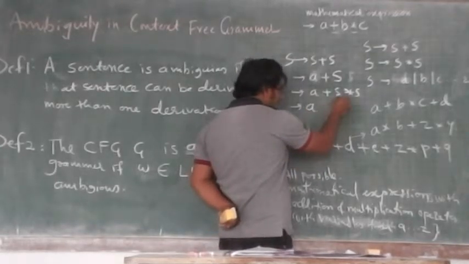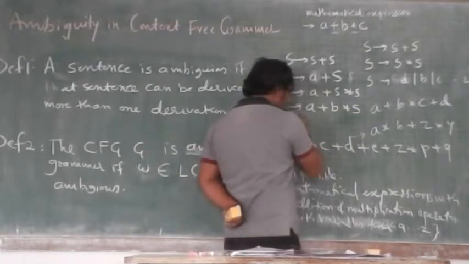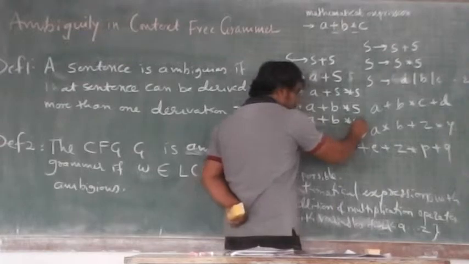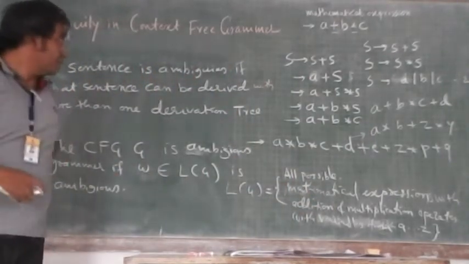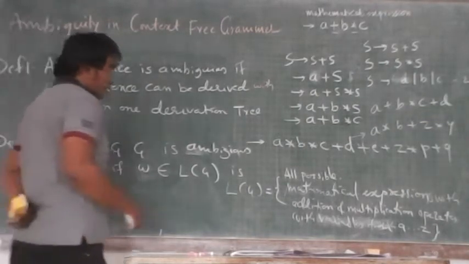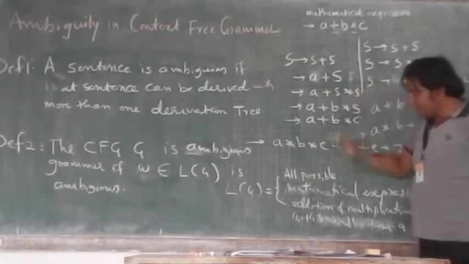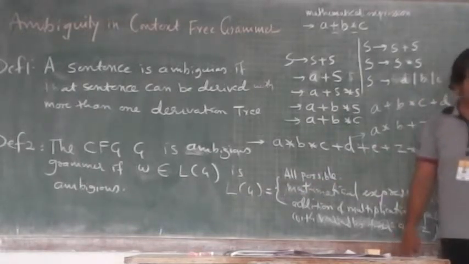So next I can replace this S by what? B into S. A plus B. This S I can replace by C. In this way I can come to the expression A plus B star C, what I had. So my designed grammar is able to give me the sentence I had expected as a part of my language.